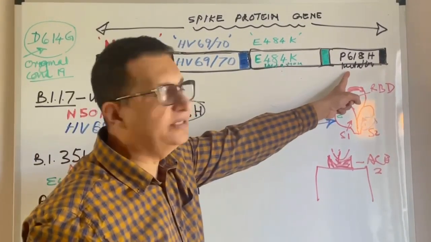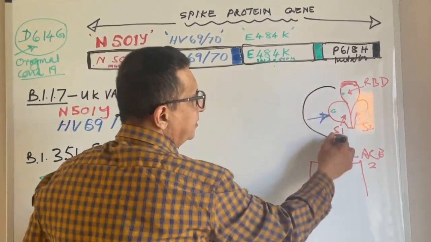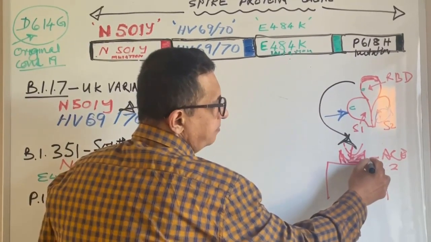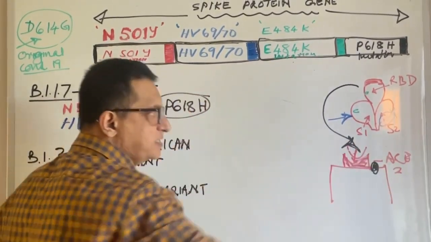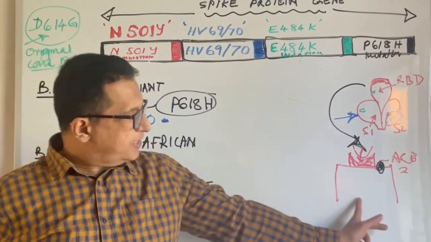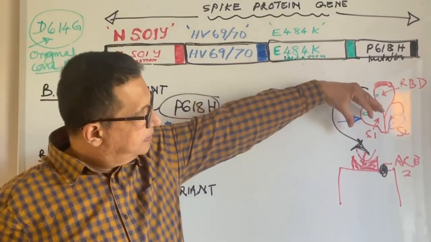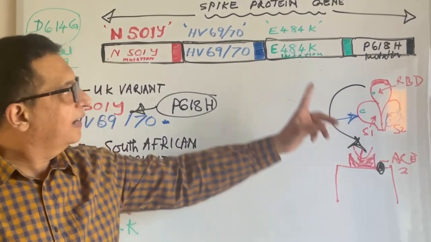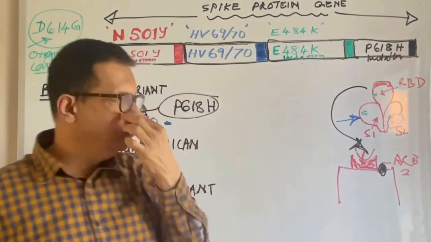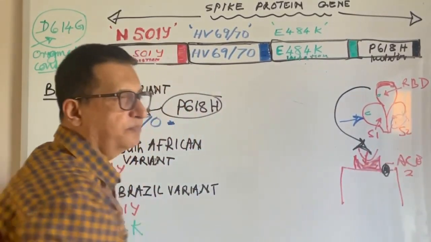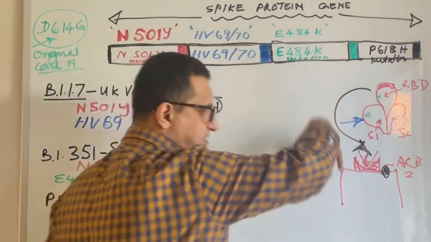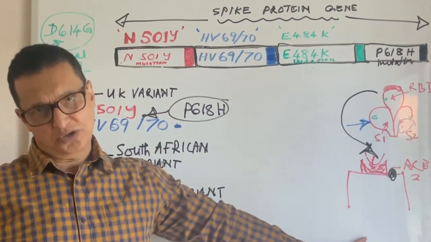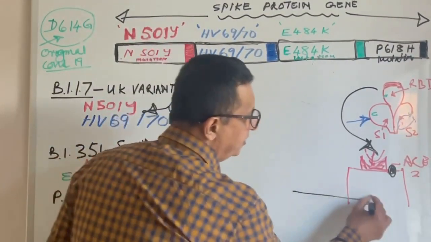And what it does is, when the spike protein gets attached to the ACE2 receptor, there is a protein in the membrane which facilitates the endocytosis of this spike protein and the virus into the host cell, and this P618H mutation, with the help of this membrane protein, facilitates the engulfing or the endocytosis process of this virus into the host cell, and thereby it causes more infectivity.